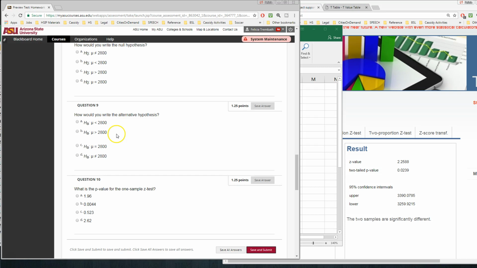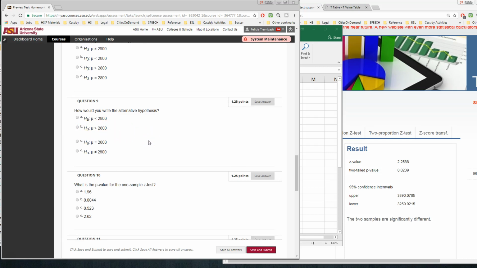So I'm looking for the birth weight to be over 2,800 grams. I want to see improvement. So this would be the hypothesis that makes the most sense. You decide the alternative hypothesis conceptually based on what makes sense. And in this case, it makes sense to look at whether or not the birth weights are improved. So that's what we would use for our alternative.